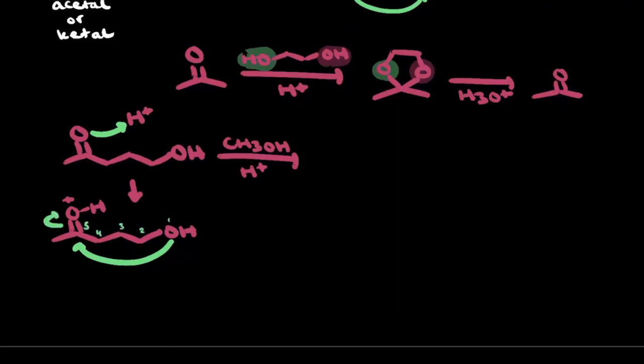You send your electrons up over here. So your 5-membered ring ends up looking like this, right?